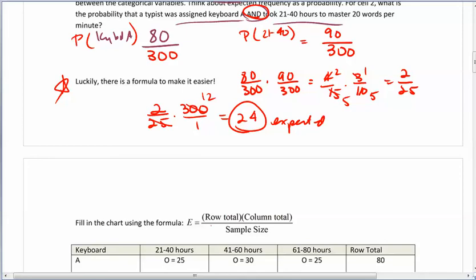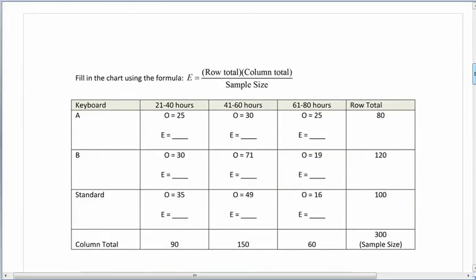Well, there's a formula. If you look on the next page, E for expected here is going to equal the row total times the column total, divided by the sample size. We're using the marginal counts here.